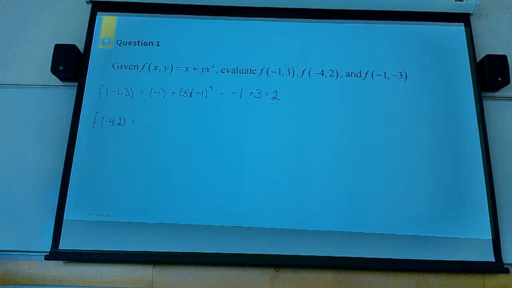F of -4, 2. Right, 4 to the 4th is 256, right? And then double that would be 512.